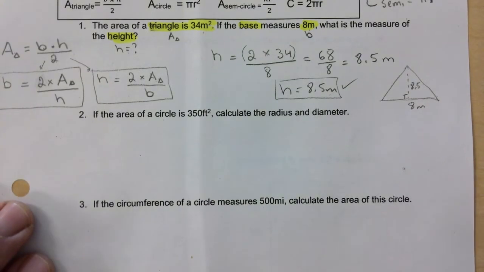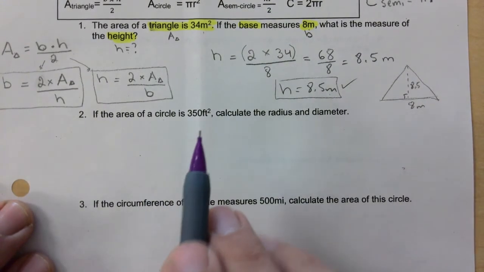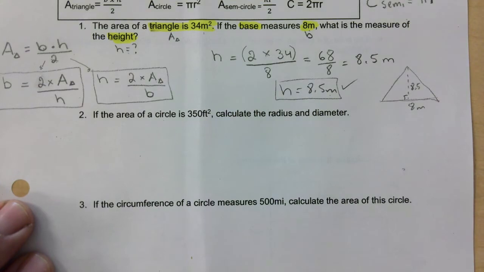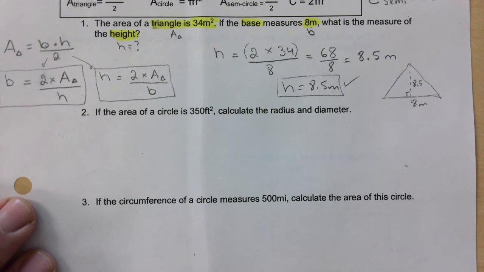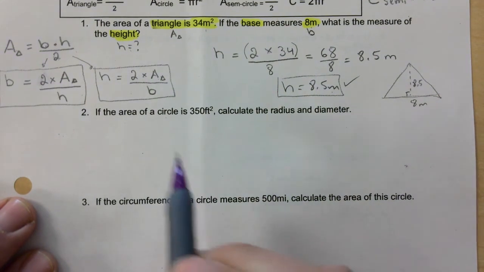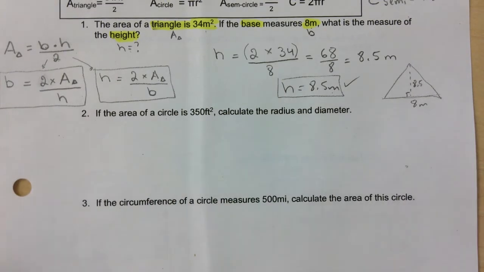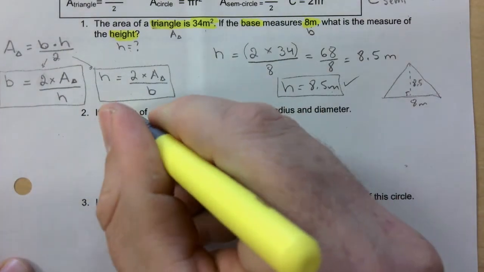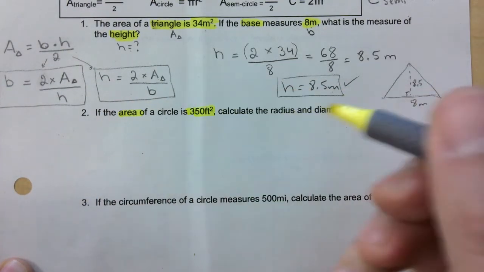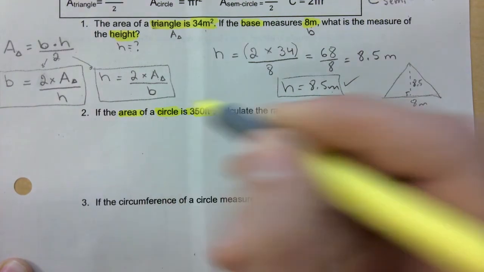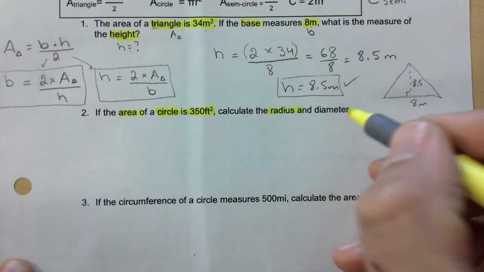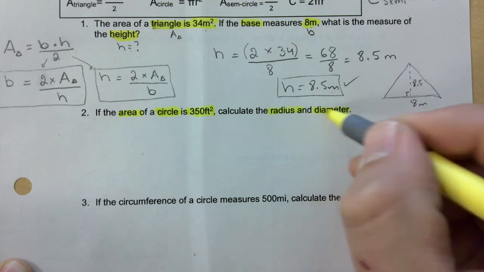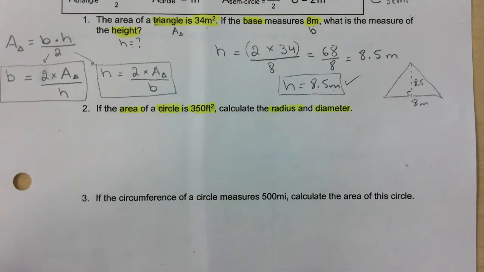Next, the circle. Circle is trickier. Okay? So we're going to do a bunch of circles. The area is that, right? So this is part of a note. The area of a circle is this. They tell us that it's a circle, and they want the radius and the diameter. We know that radius and diameter are very closely related, so we're just going to find the radius first.